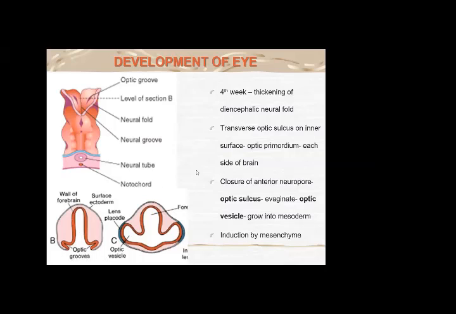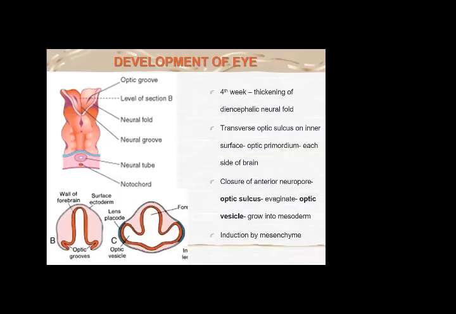With the closure of the anterior neuropore, when this entire thing closes, this sulcus evaginates like this. To begin with, it was just a groove, but then this groove evaginated, protruded out. Just to show you what I mean. So this sulcus evaginates.